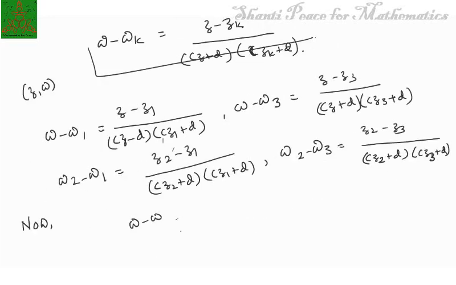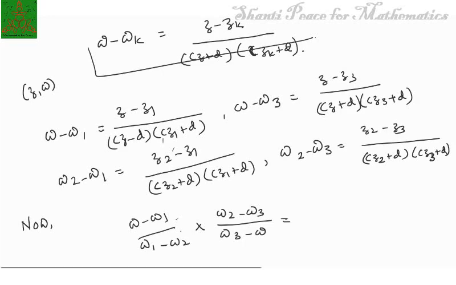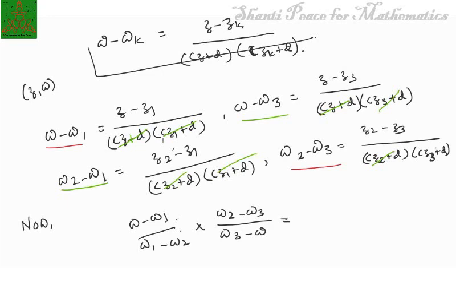Now (W minus W1) upon (W1 minus W2) into (W2 minus W3) upon (W3 minus W). Just observe that in the numerator you will have these terms and in the denominator you will have these two. The Cz + D factors in the numerator and the denominator cancel with each other.